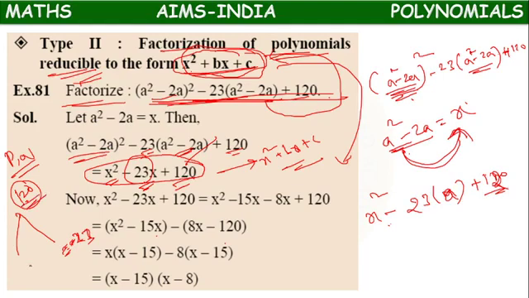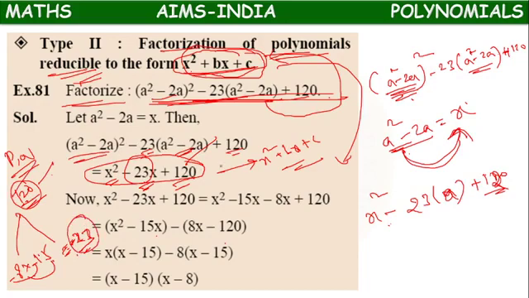We need minus 23, so minus 8 and minus 15. Minus into minus gives plus 8 into 15, which is plus 120. The product is plus 120 and the sum is minus 23.